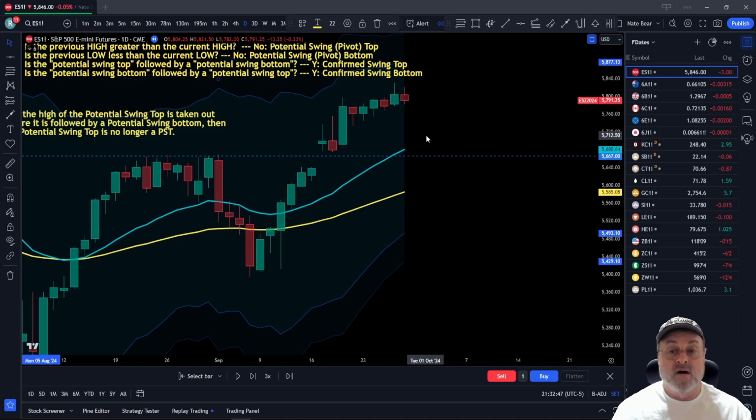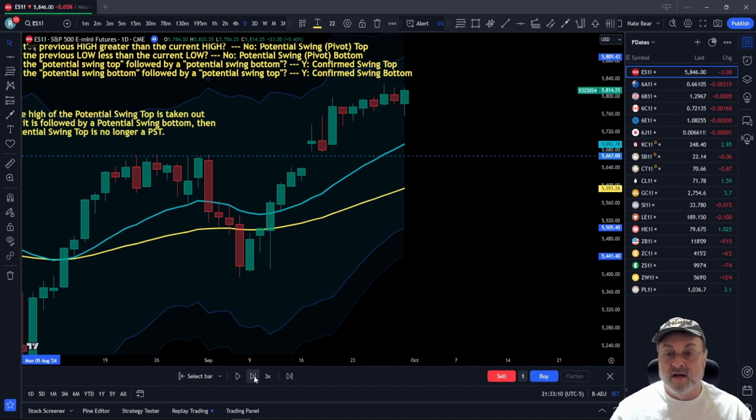An inside bar cannot be a potential swing top, cannot be a potential swing bottom, cannot even become a confirmed one, because you have to be a potential before you can become a confirmed. So basically, nothing changed here with the inside bar. So this bar is still our potential swing top. And we're going to keep on going.